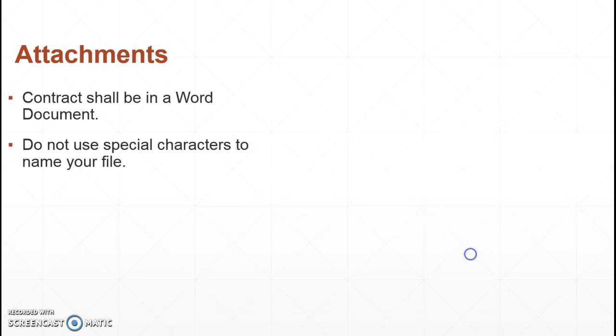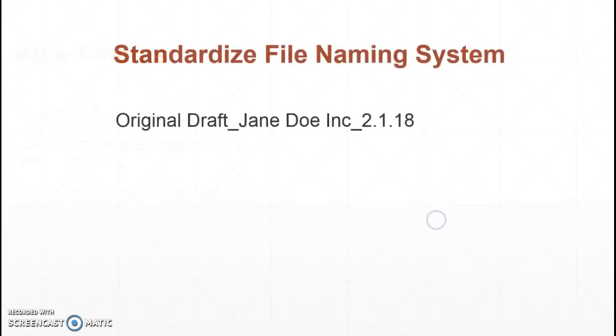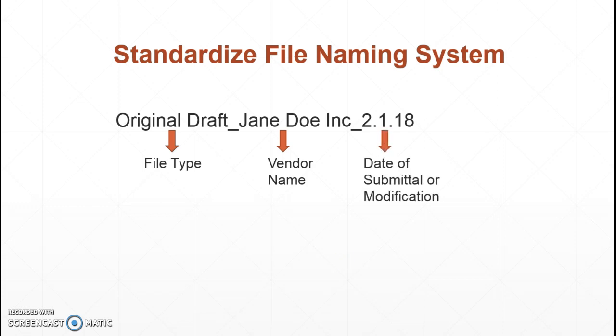Lastly, for the purpose of identifying the contracts, we've standardized the way files should be named. The first sequence shall be the file type. The second sequence is the vendor name. Lastly, the third sequence is the date of submittal or the date of modification.